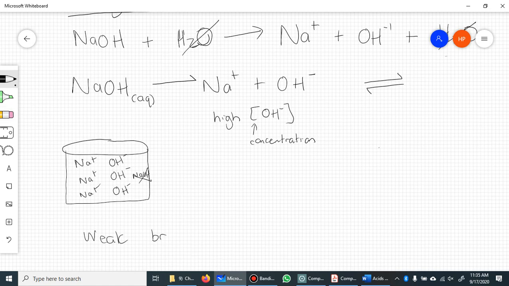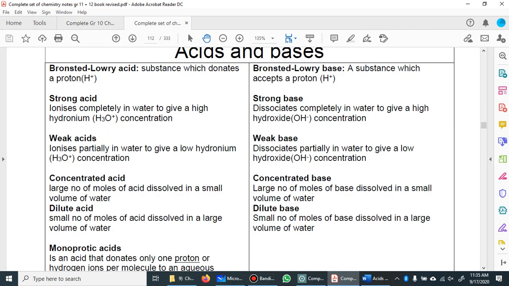So we need to just write the definition of a weak base first. Okay, so a weak base in the top right-hand corner again of your table. This is not in your notes, so you'll need to write this down. Weak bases dissociate partially in water to give a low hydroxide concentration. So you can write that down.